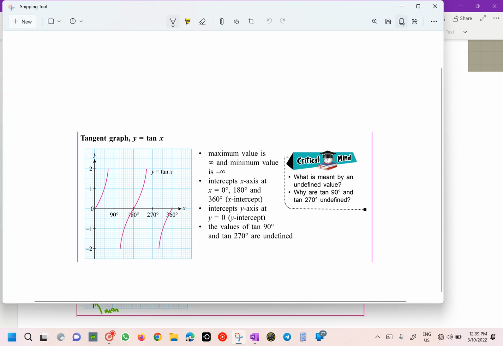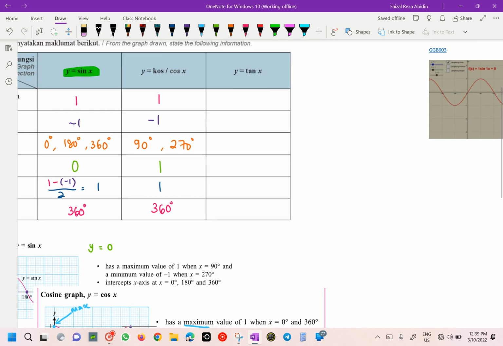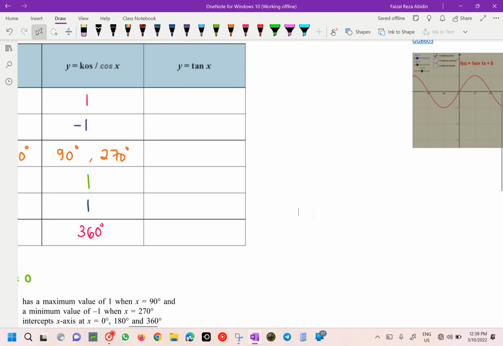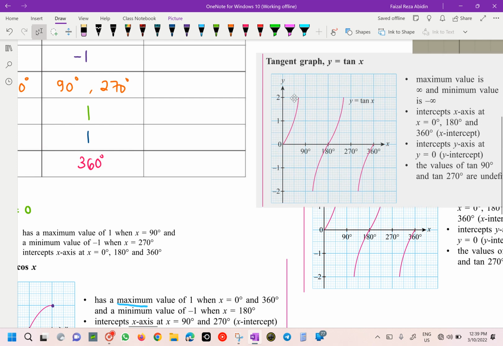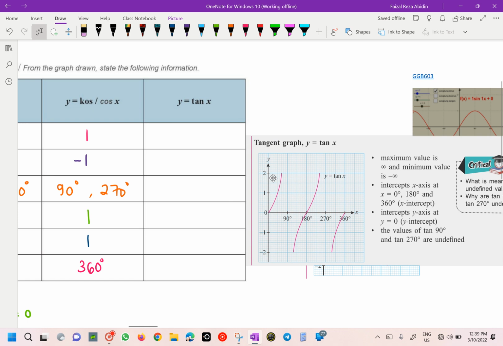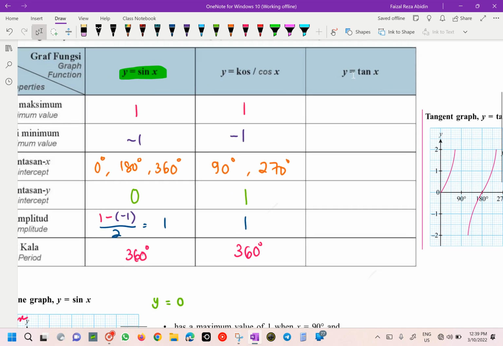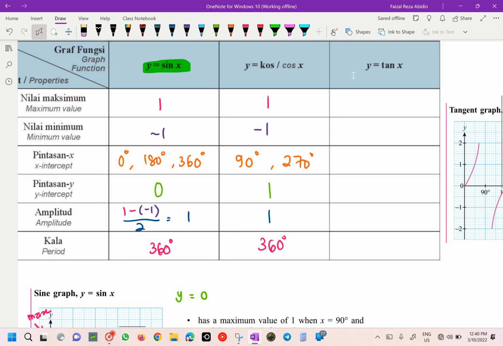Okay, for our tangent graph, right? Did we have the maximum value? Which is infinity.